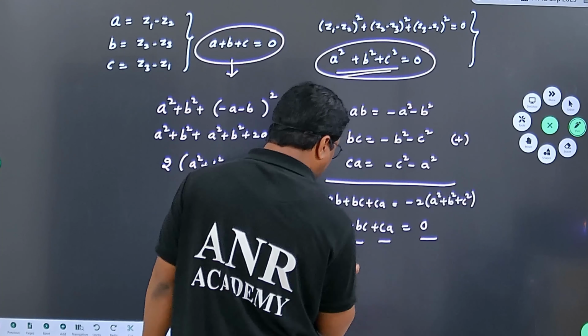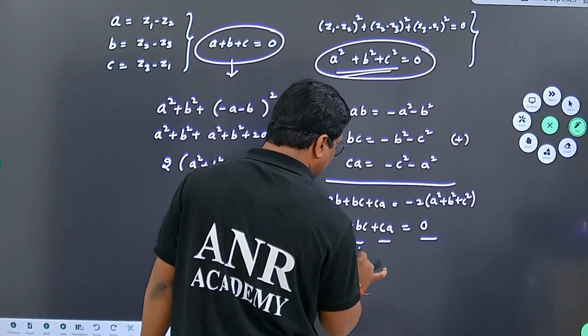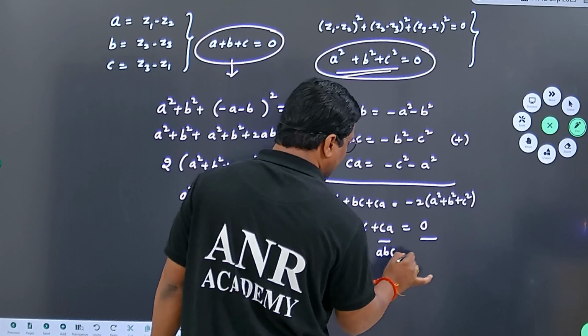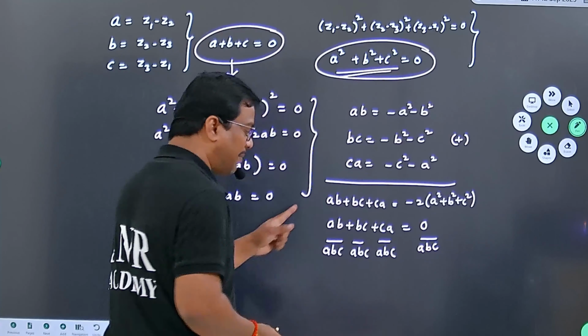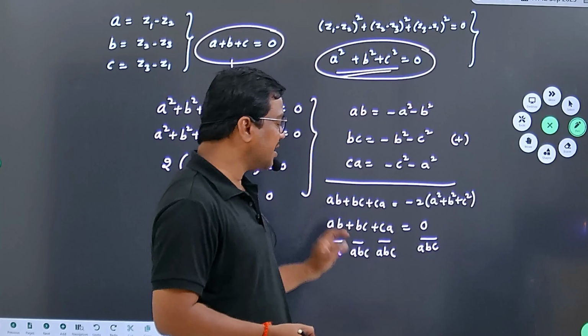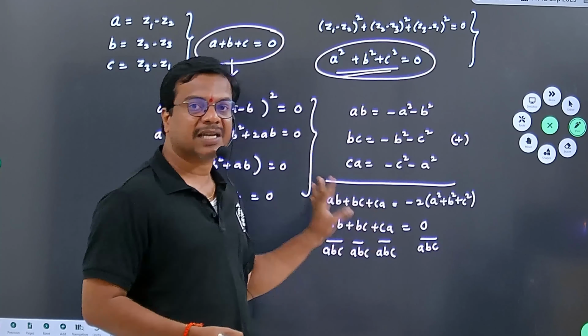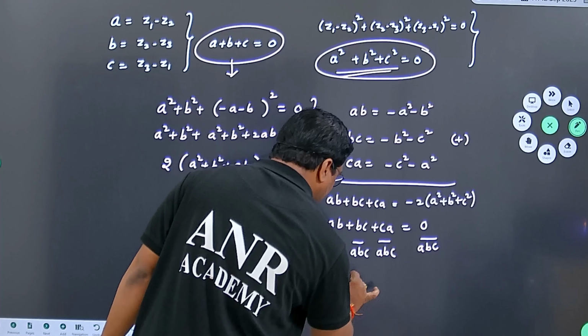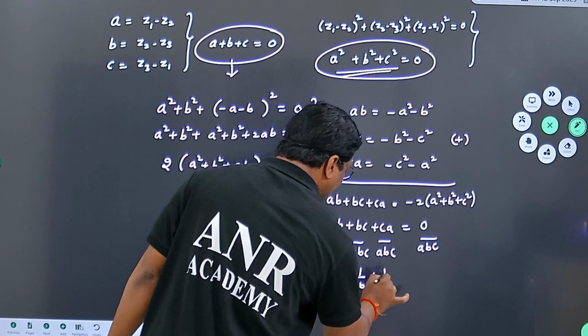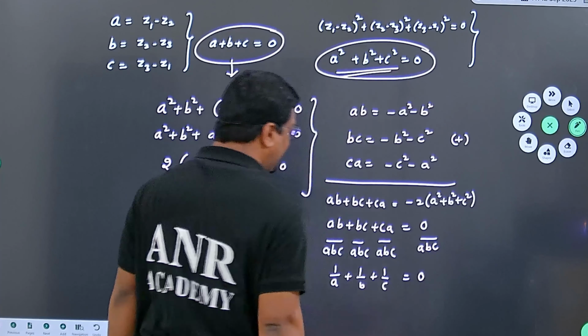Yes, on division by abc, observe what happens. ab gets cancelled, 1 by c; bc gets cancelled, 1 by a; ac gets cancelled, 1 by b. So the reciprocals of a, b, c, whose combination becomes 0.